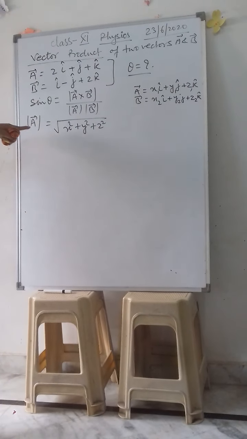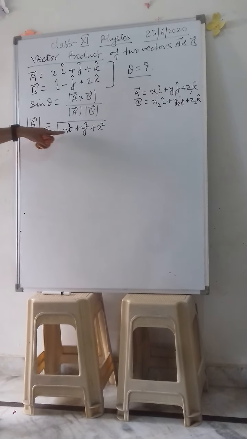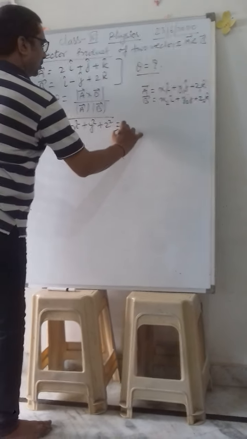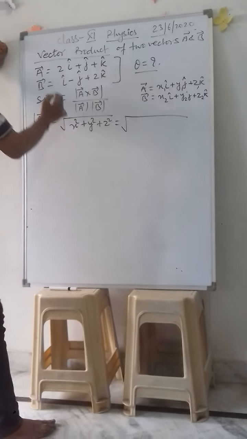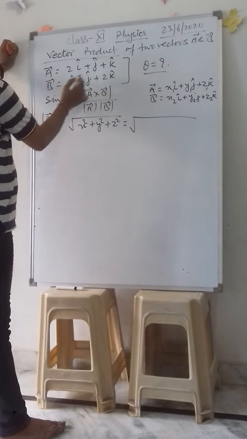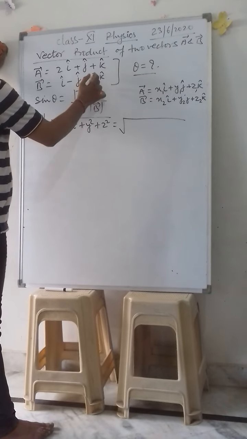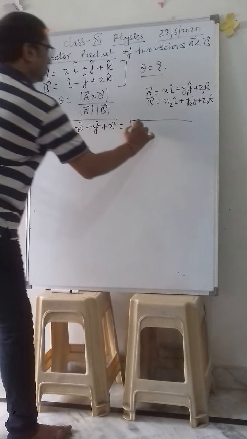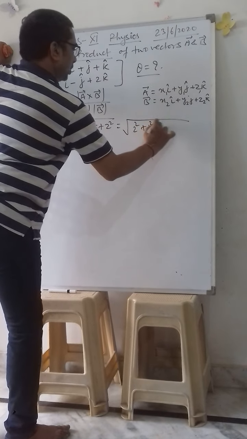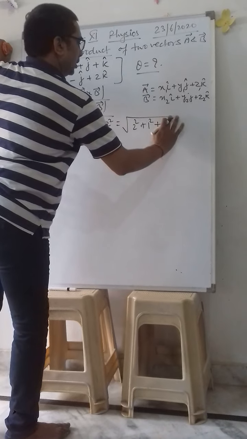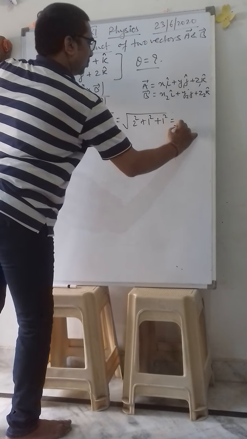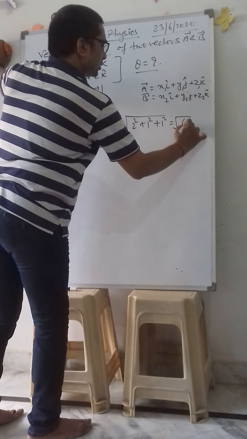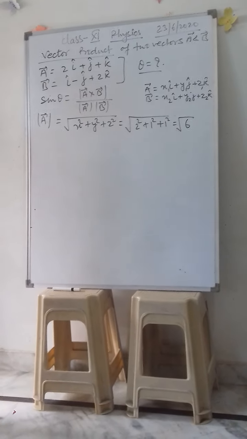Then the mode of vector A equals the root of x square plus y square plus z square. Here x equal to 2, y equal to 1 and z equal to 1. So 2 square plus 1 square plus 1 square equals 4 plus 1 plus 1, that means 6. This is root 6.